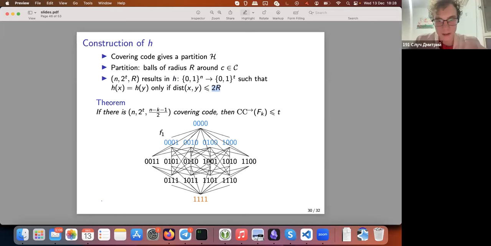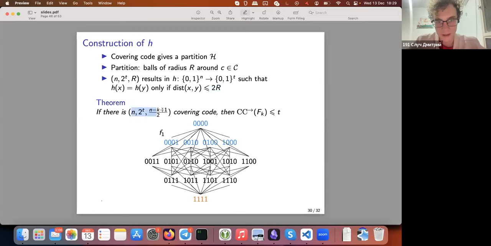And here is an example. We drew edges between all points having distance at most 2. And here, the orange part isn't connected with the blue part.